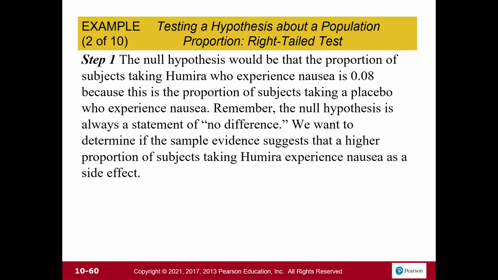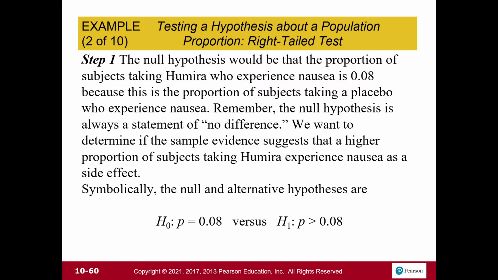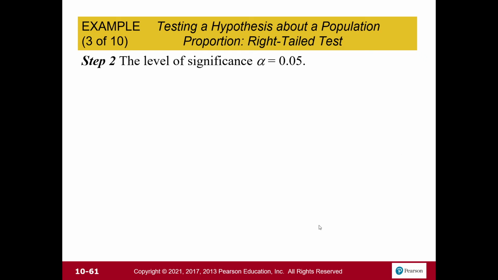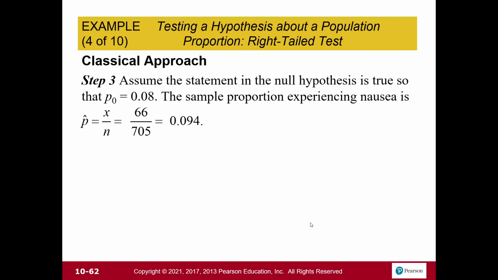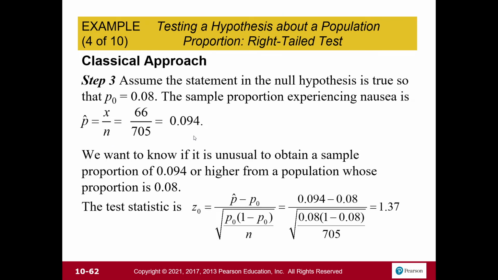So first, we do have to state the null hypothesis, and it is that the population proportion is 0.08 and the alternative is greater than 0.08. All right, the conditions are met. Our sample proportion is 0.09, and then we calculate our test statistic.